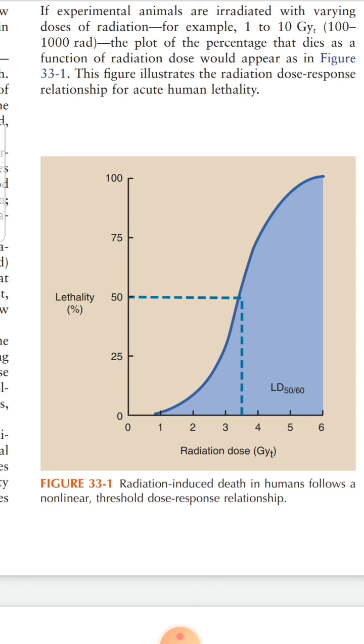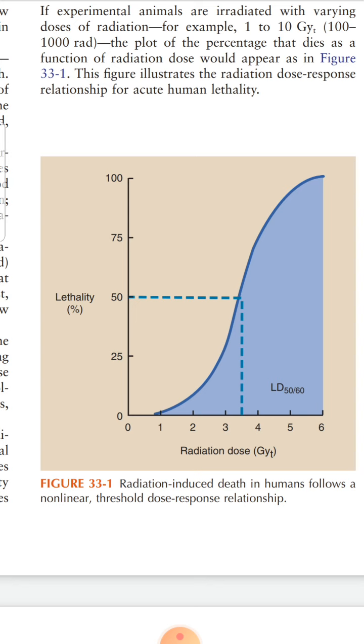Above 1000 rad, or we can say 10 Gy, even this medical support will not be enough to prevent the death. So the death will be obvious at this much dose, and the lethality rate will be maximum.